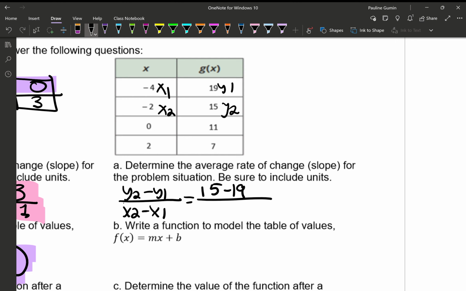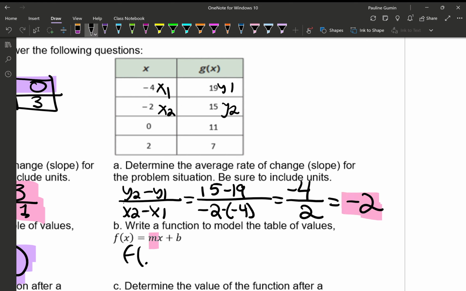Now, some of you might be able to look at this and see the pattern immediately. Good for you. So -2 minus -4. All right. 15 minus 19 is -4. 2 minus -4 is +2. -4 divided by 2 is -2. We have our m.